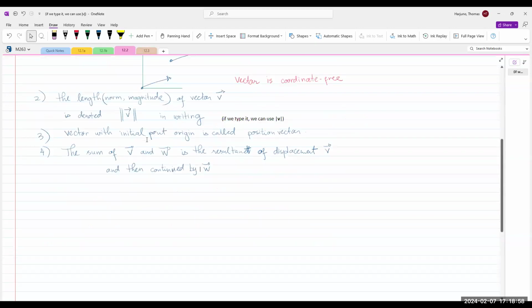So suppose, for example, this is vector v plus vector w, that is equal to vector v. I copy paste this. And then it is continued with vector w.